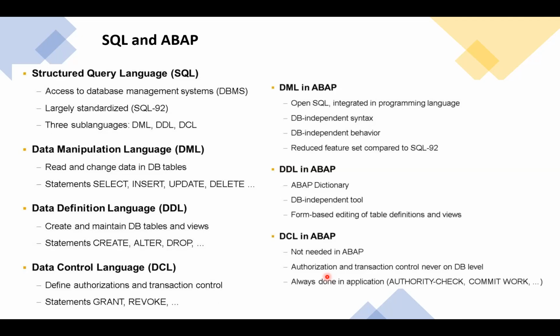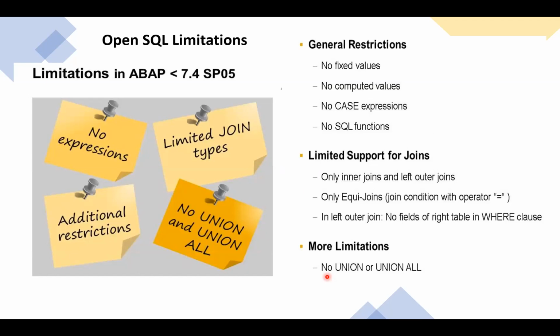Okay, so let me go ahead to the OpenSQL limitations in our ABAP programs. In ABAP programs on versions less than 7.4, we are not able to code with expressions. Additional restrictions we have seen: no union or union all.